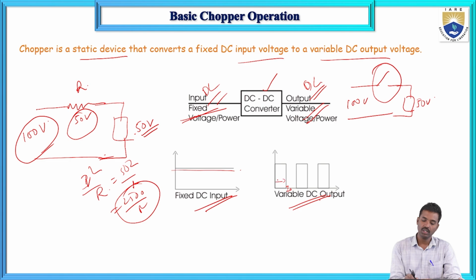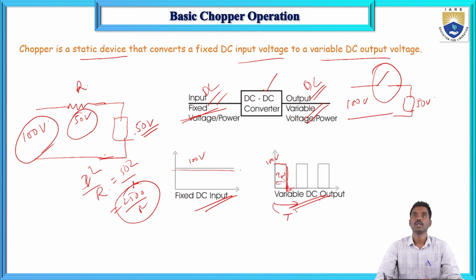Suppose this is the 100 volts input voltage during the T on duration, and after some time it is turned off. The total time period is T.